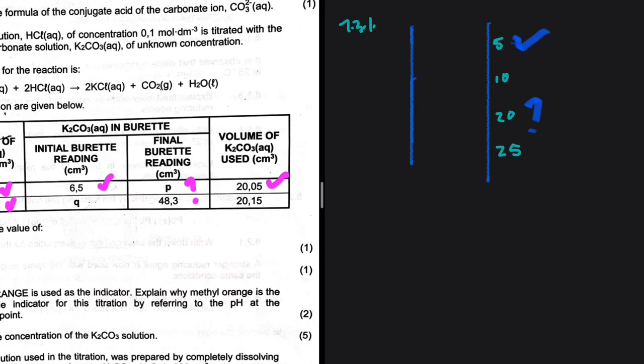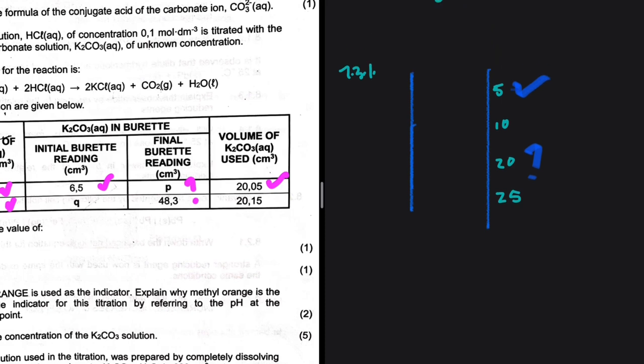So the volume of K2CO3 used is 20.05 in run 1, right? And the initial reading on the burette was 6.5. So the initial reading was somewhere here, 6.5. And we know that 20.05 is used. So what should be the final reading if 20.05 is used?